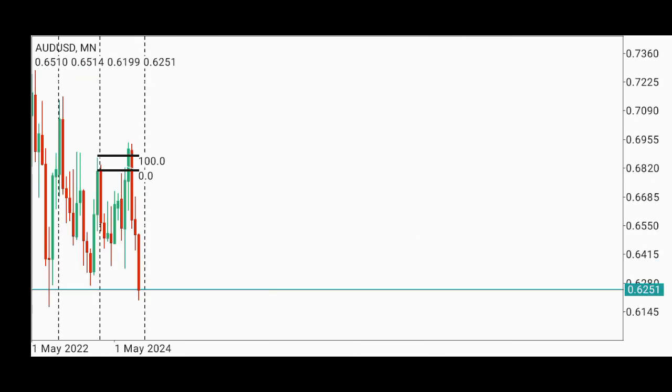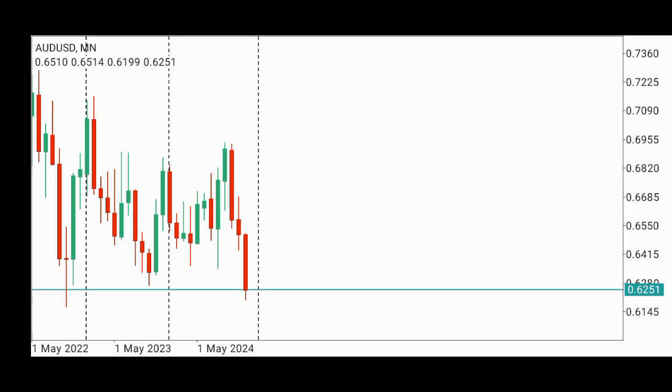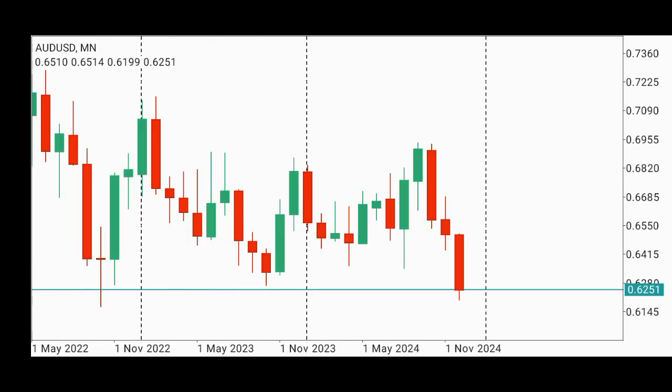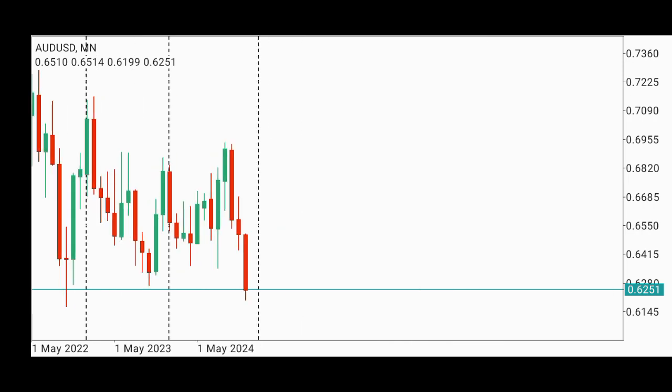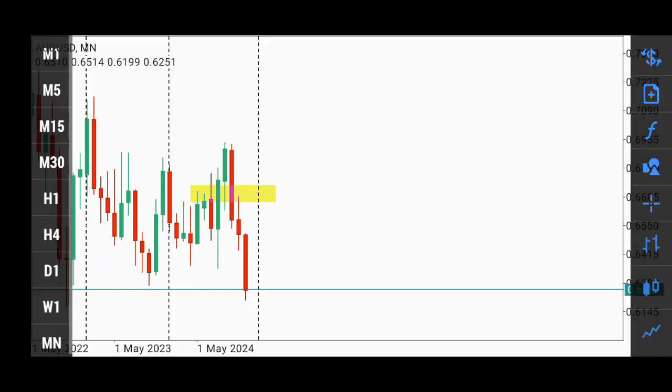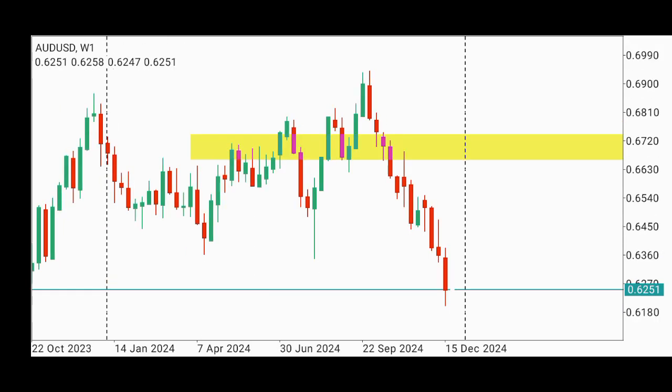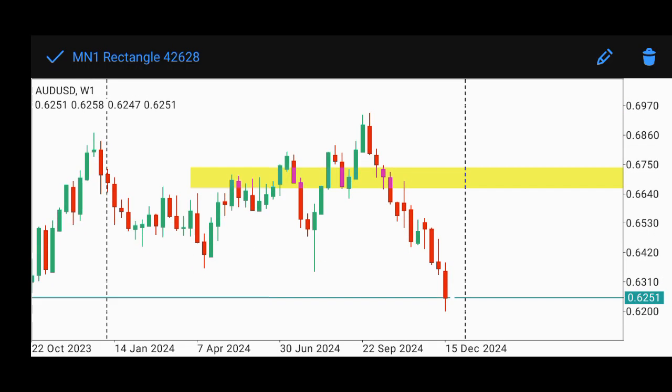Let's also go to monthly time frame. You can see, I told you, look at the most recent pullback that happened in the market. Market created this. There's a structure here. Look at what price did. Price broke down the structure. That is what you call price annihilation.